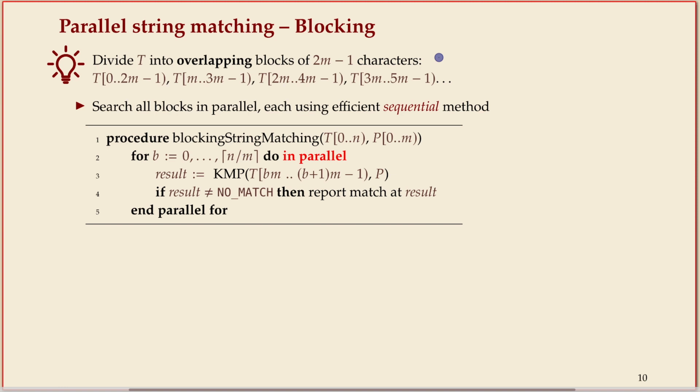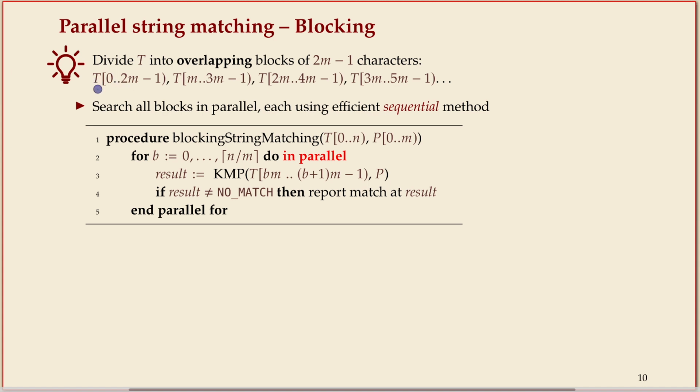Instead of doing each guess individually, we can break the text into blocks and use something smarter within the blocks. That's the first kind of general trick. This kind of blocking technique will come up in other examples, and it's the first non-trivial technique to do better. The important bit is that the blocks are overlapping.